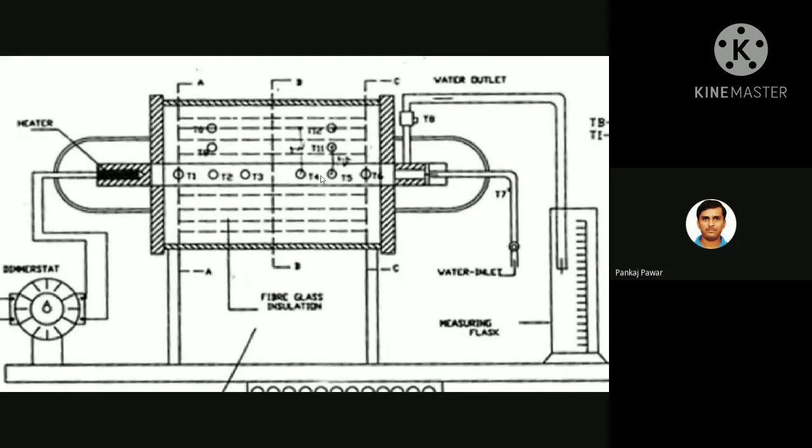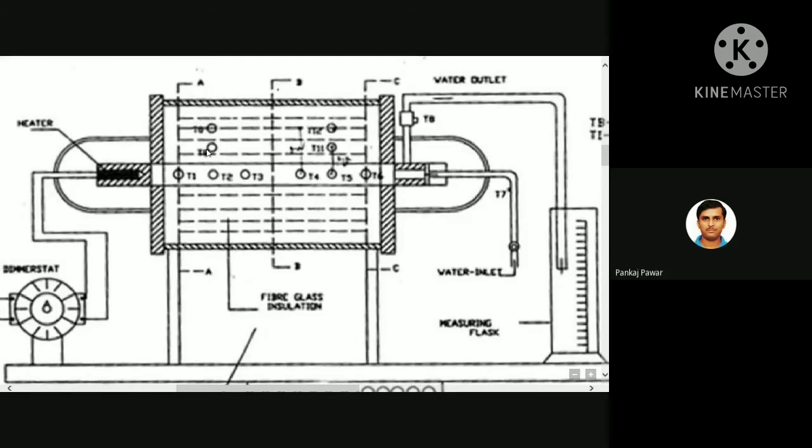So to measure that heat flow in the radial outward direction, they have placed a total of 4 thermocouples in the radial direction in the insulation. Here you can observe this is the T9 thermocouple and this is the T10 thermocouple.